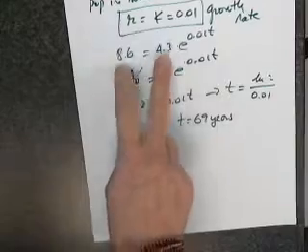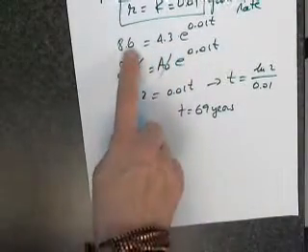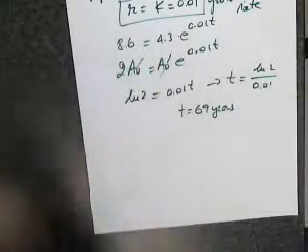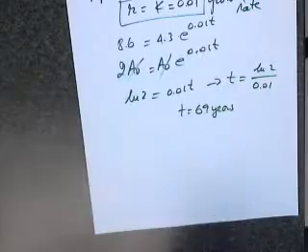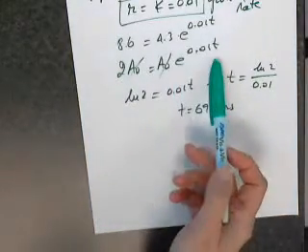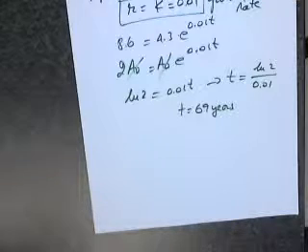So you divide both sides by 4.3, and 8.6 divided by 4.3 is 2. That's how we got 8.6, multiplying 4.3 by 2. And then 2 equals e to 0.01 t, and then you apply natural log.